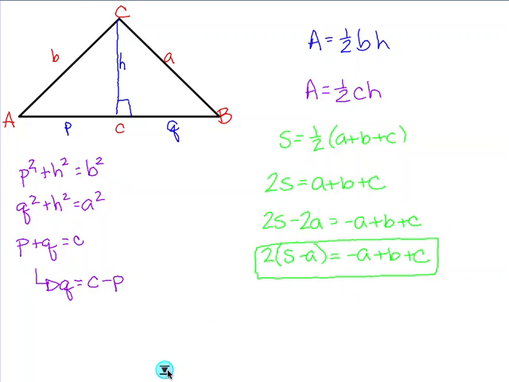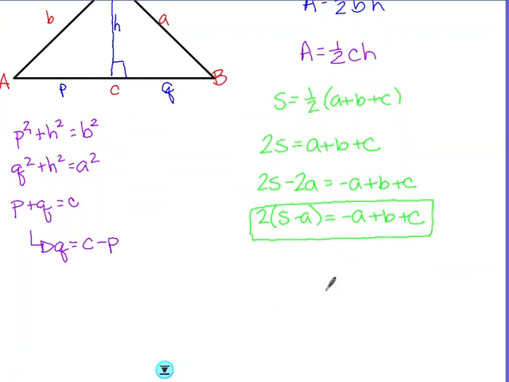And then I'm going to do the same thing with B and C. I'm going to go back to this formula for 2S, and I'm going to subtract 2B from both sides. And then I'm going to factor out a 2.